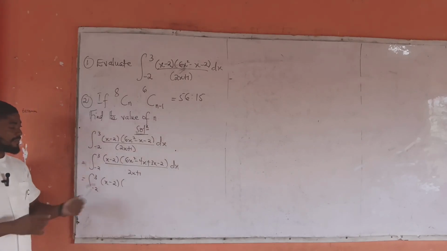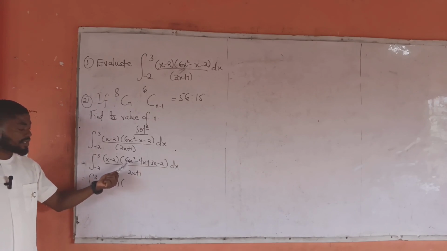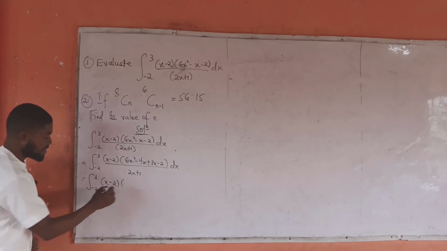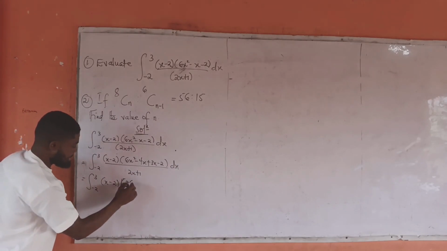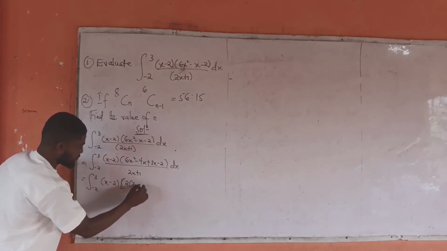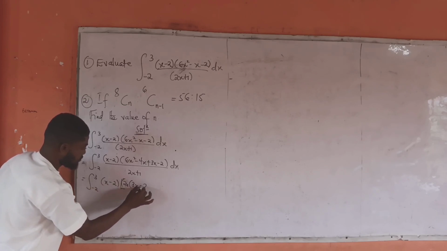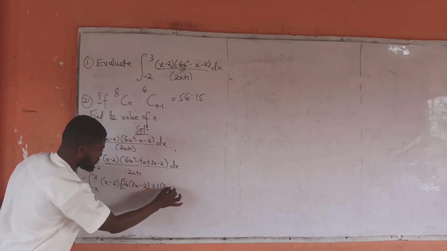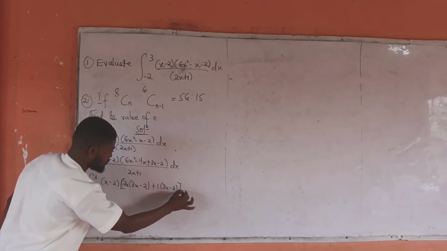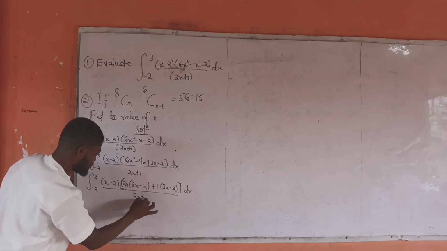Over here, I can see 2x being common to 6x squared and 4x.